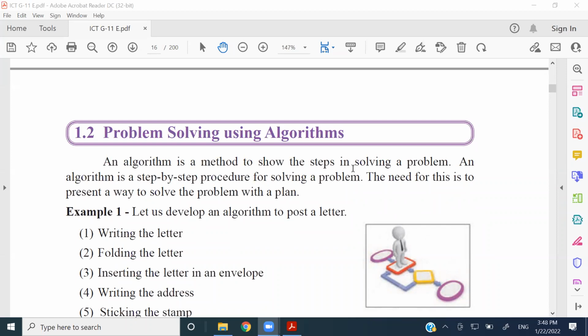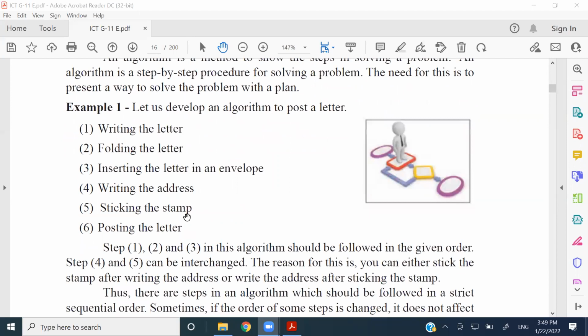And if we are just writing what has to be done to reach the solution, it is called a pseudocode. There are certain ways that we can illustrate this pseudocode and the flow chart. Now we are going to learn about the way that we are going to use that, right?